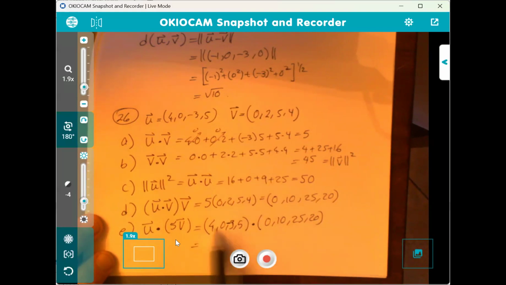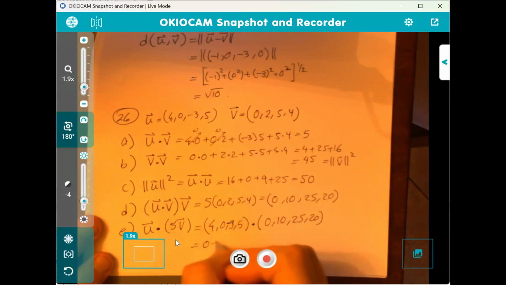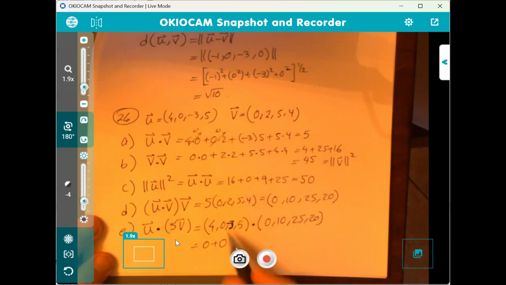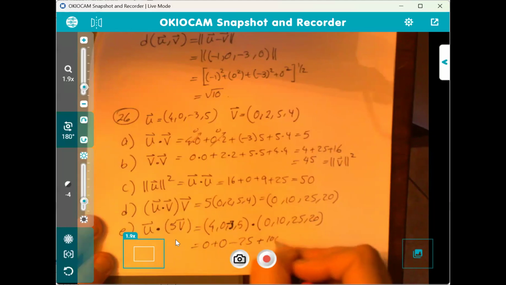And this dot product, component-wise, we're going to get 4 times 0, that's 0, plus 0 by 10, plus 25 times negative 3, that's negative 75, and 5 by 20, that's 100.